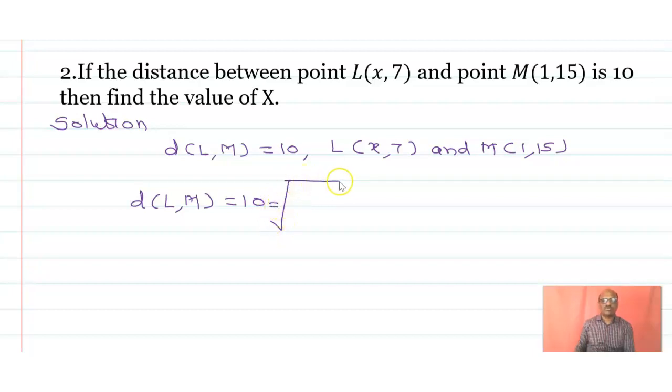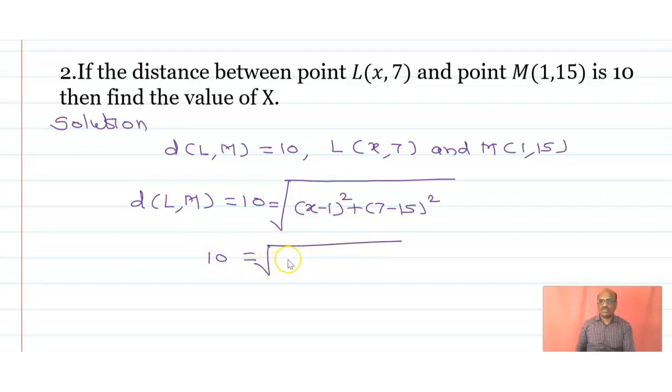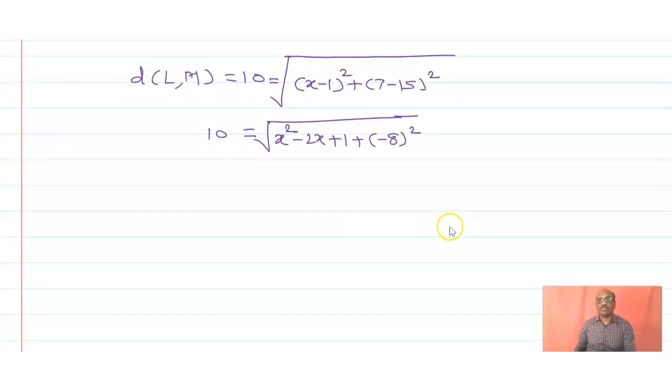That is equal to the square root of (x minus 1) whole square plus (7 minus 15) whole square, that is equal to 10. (x minus 1) whole square gives x square minus 2x plus 1, and minus 8 whole square. Okay. Next we will simplify this, squaring on both sides.